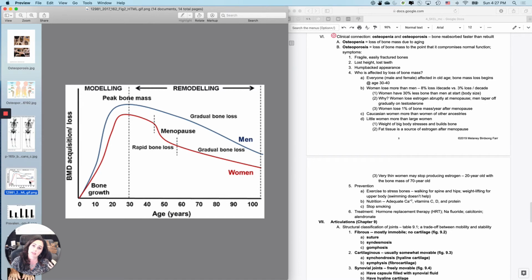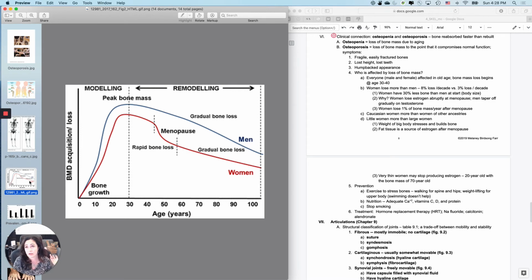In addition, being very, very thin, especially after menopause: estrogen is derived from lipids. Fat tissue is a source of estrogen after and during menopause, and very, very thin women can actually stop producing estrogen altogether. And you've probably heard of that in those extreme situations, like an extreme elite gymnast with a very, very low body fat percentage. She may also stop menstruating and stop ovulating. And eventually that will have an impact on her skeletal system as well, or for other reasons.